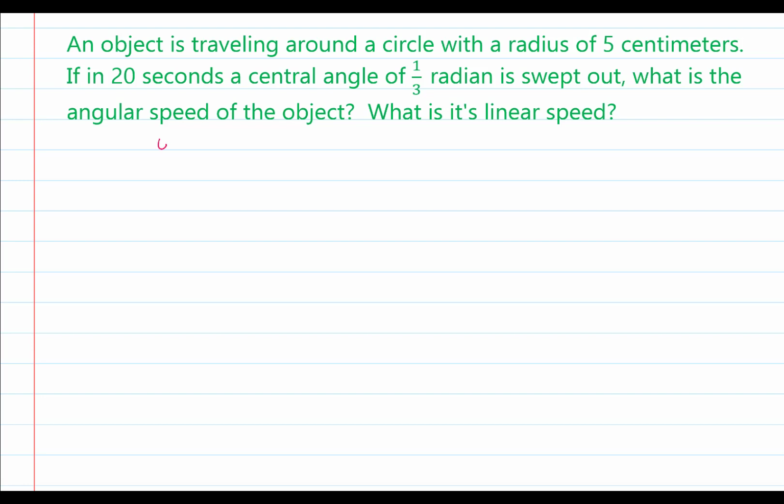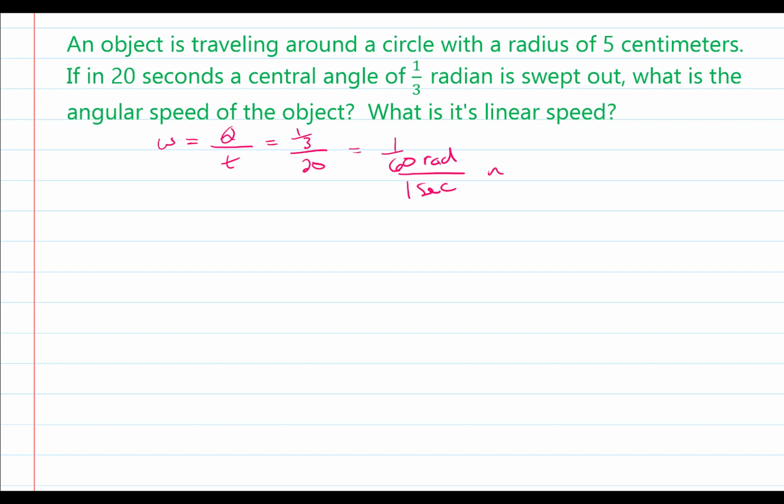So angular speed, omega, is equal to theta, that central angle in terms of radians, divided by t, the unit of time. In this case, the central angle is 1/3 divided by t, which is 20 seconds. When I simplify this, I end up getting 1/60th of a radian per second.